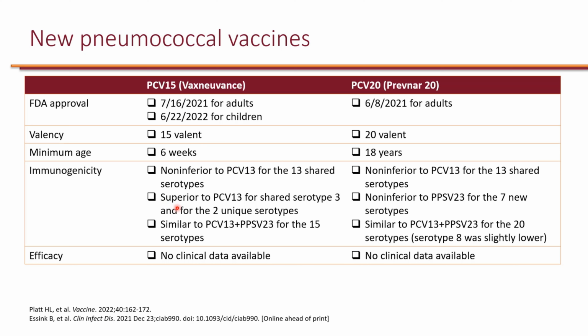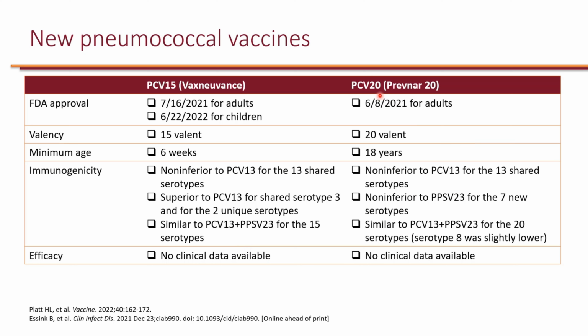Of course it has been shown to be superior to PCV13 for those two unique serotypes, but interestingly it also had a better response for serotype 3, which is also included in PCV13. So PCV15 is immunogenically a pretty good vaccine. Now these are new, so we don't have clinical data. Is it more effective at preventing non-invasive and invasive pneumococcal disease? We just don't know yet.